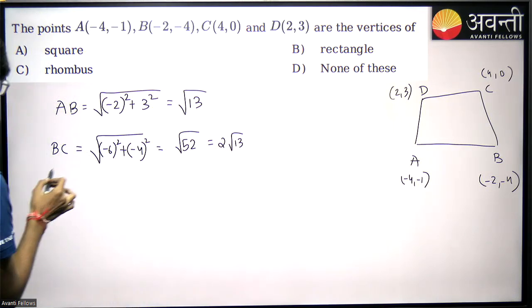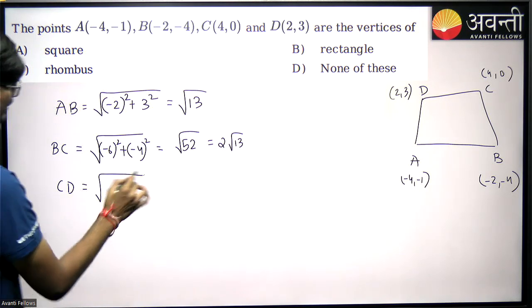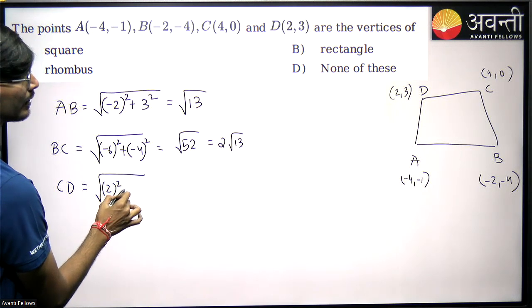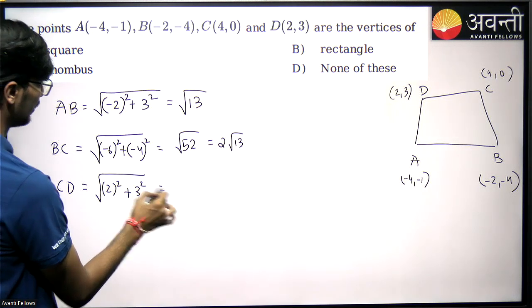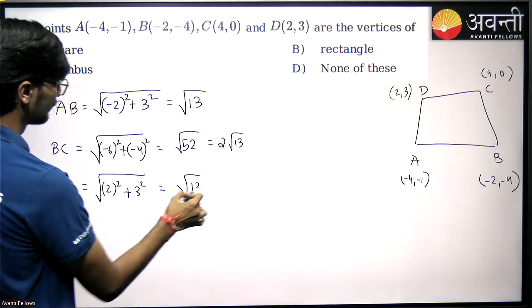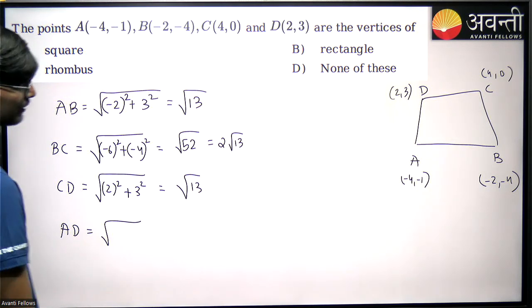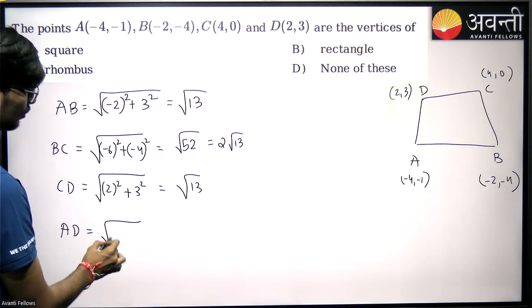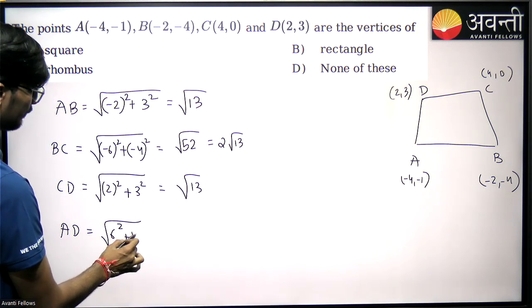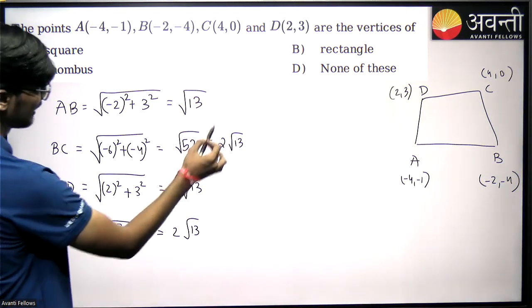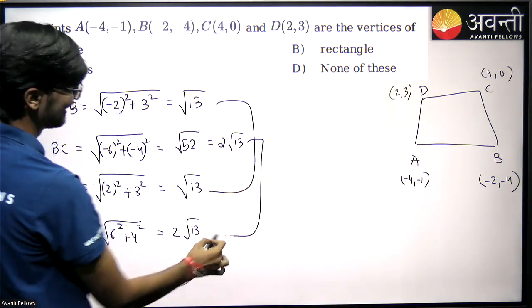Okay, let's see now CD. CD is under root of 4 minus 2, so 2 square plus 3 square, it is 4 plus 9, under root of 13. And lastly AD. AD is equal to 6 square plus 4 square, which is again 2 root 13. So here we can see opposite sides are equal.